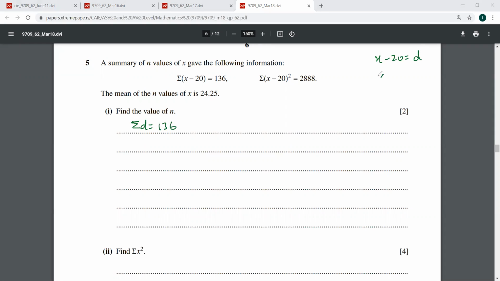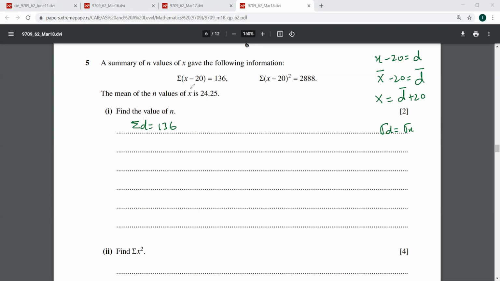Later on, the mean of this x minus 20 would be the mean of this coded data, and we can determine the actual mean through this relation here. Their standard deviations would be the same, the coded data and the original data.